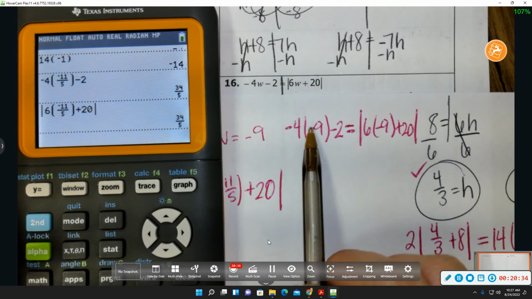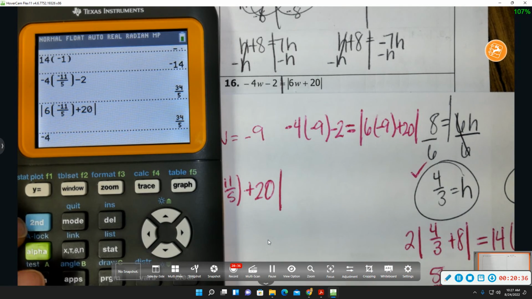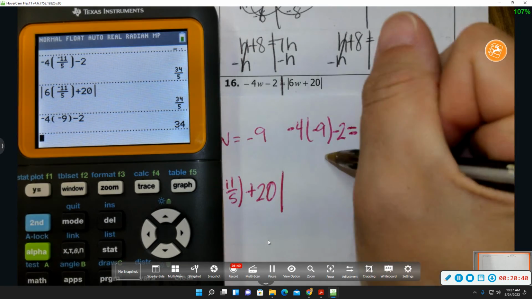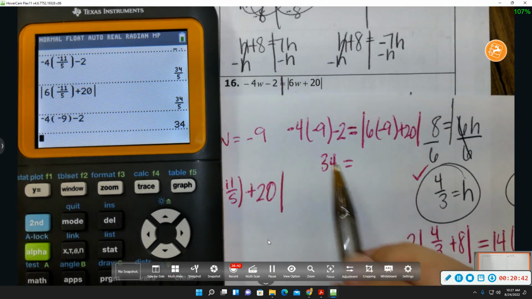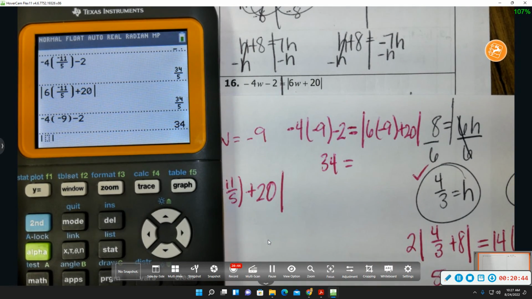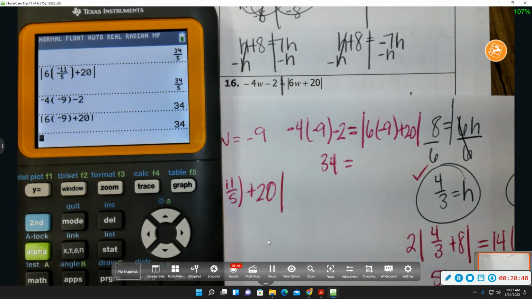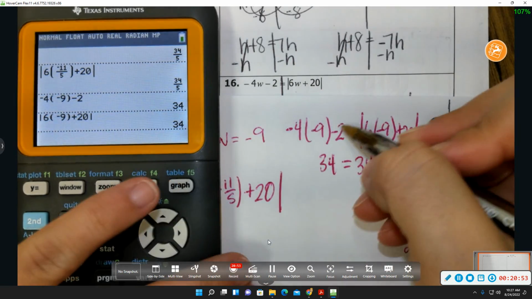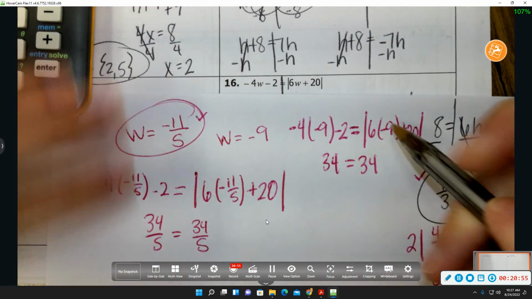So I'm going to check the left side. Negative 4 times negative 9 minus 2. I get 34. Type in the right. 6 times negative 9 plus 20. And I get 34. So because they were equal to each other, whenever I plugged it in the left and the right, I got the same answer.